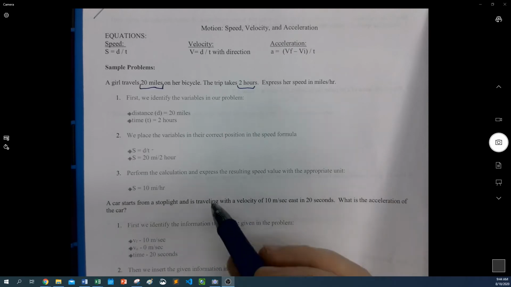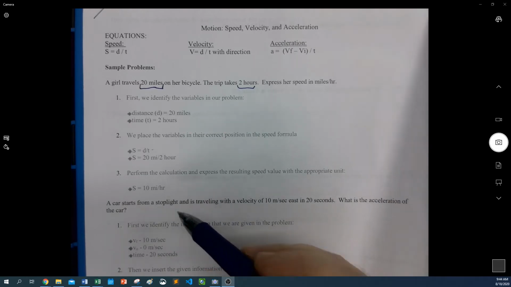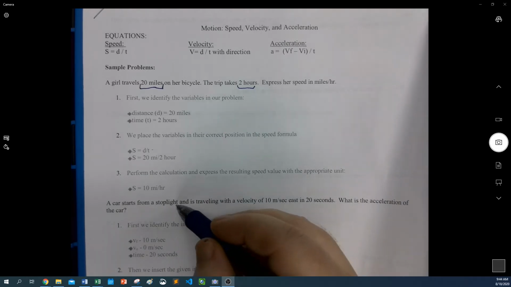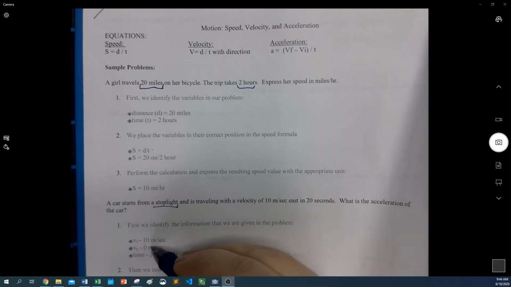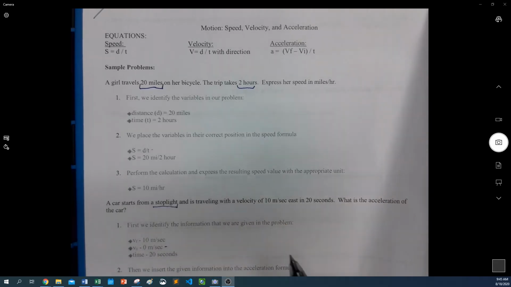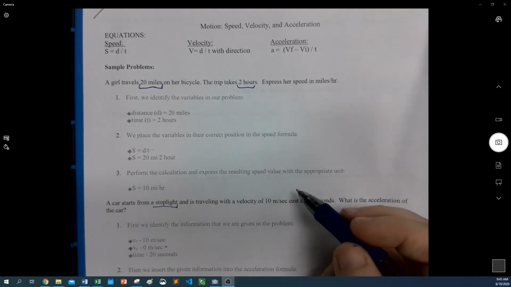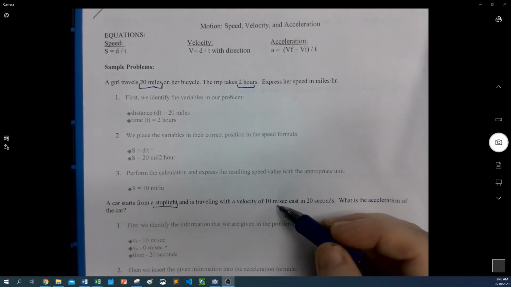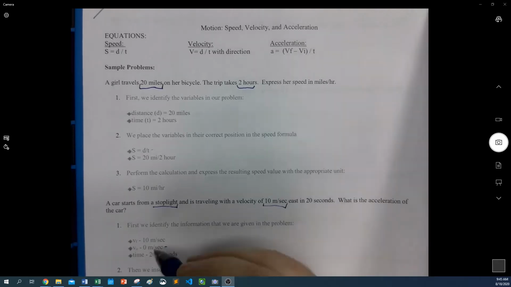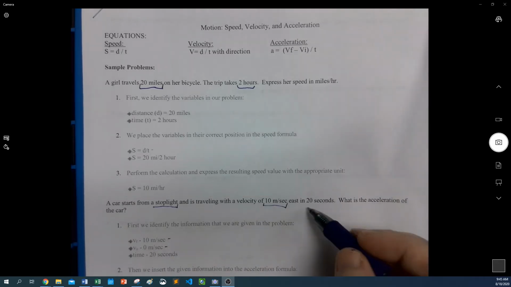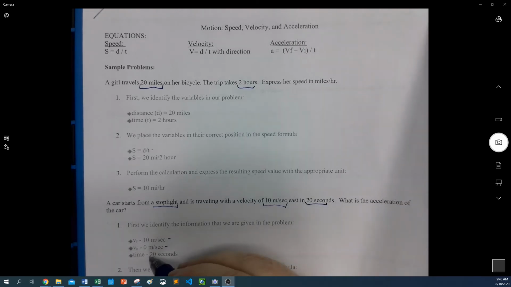So looking at the next one, a car starts from a stoplight. They're at a stoplight. Your initial speed is 0. Traveling with a 10 meter per second, so that would be your final velocity, in 20 seconds. Your time.